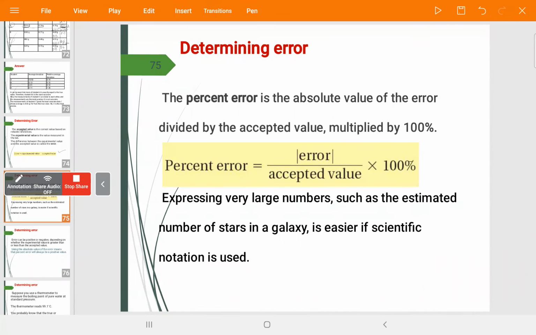If you're asked to calculate percent error, it is given by the absolute value of error over accepted value, times, of course, 100%. So this is percent error.